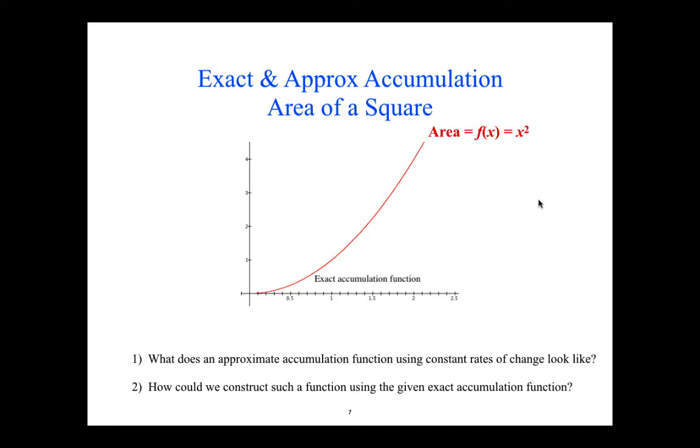They're connected end to end, but not smooth curves, because over each interval of width delta x, we'd have one rate that we use, and so over each interval we'd have a straight line, but not necessarily horizontal unless the rate was 0.